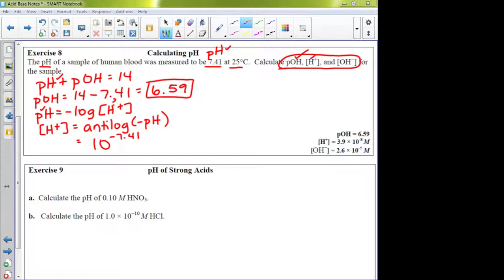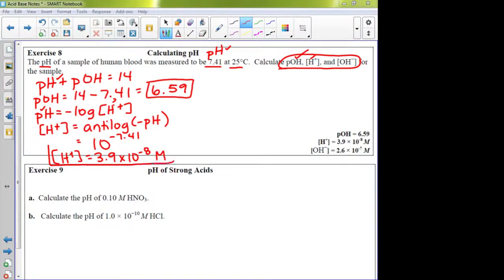So, if I was you, I'd have out a calculator, practicing putting it in my calculator before I get to a test, trying to do it for the first time. So my concentration of hydrogen ion is going to be equal to 3.9 times 10 to the negative 8 molar.